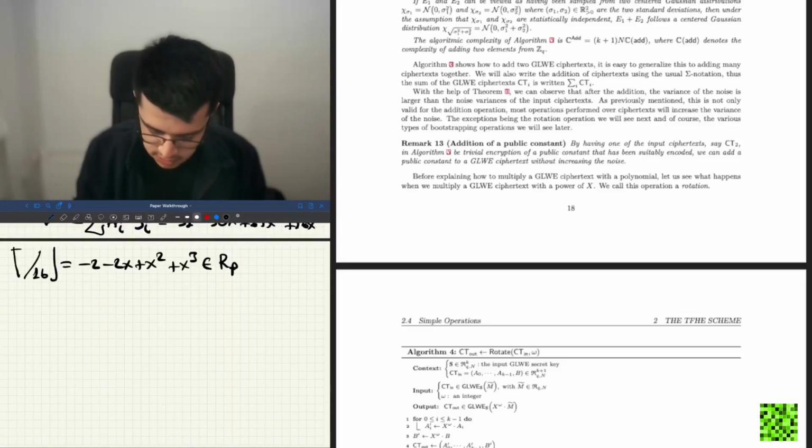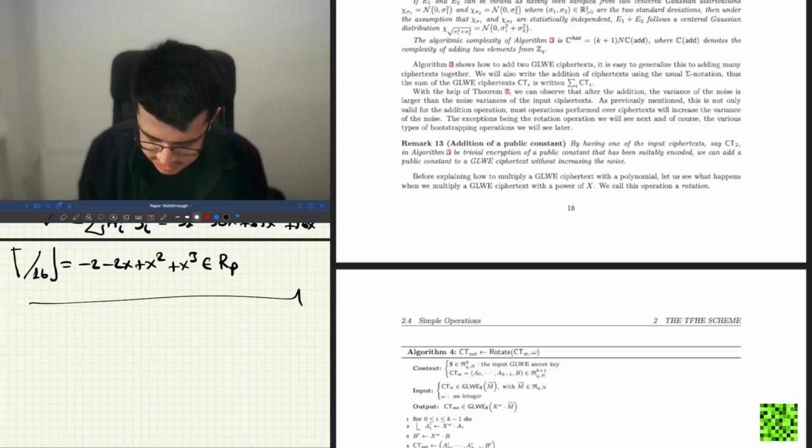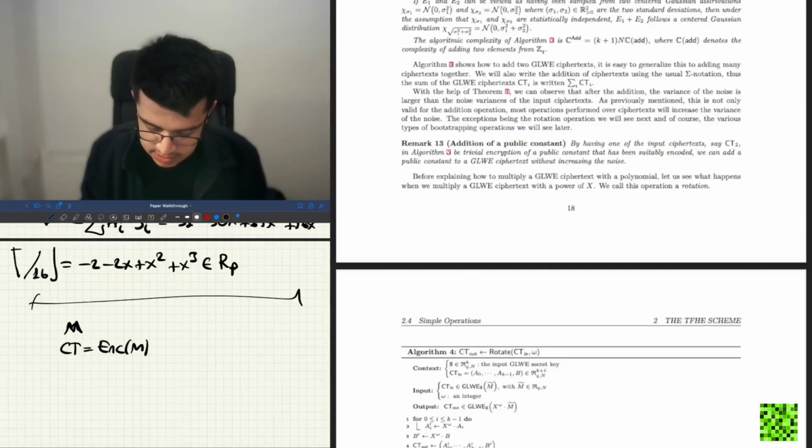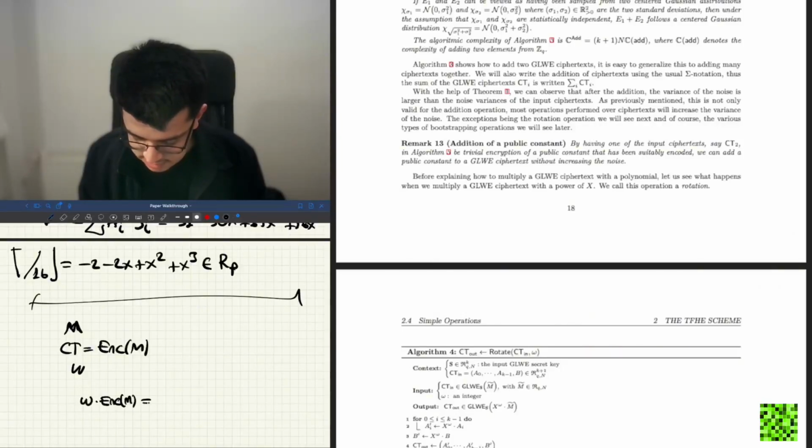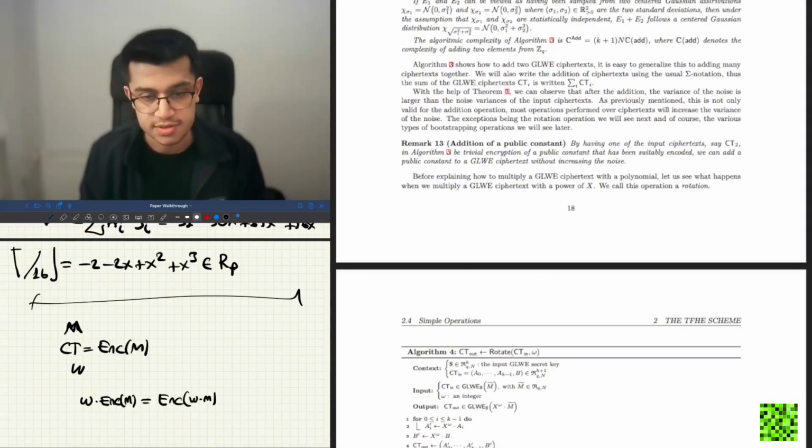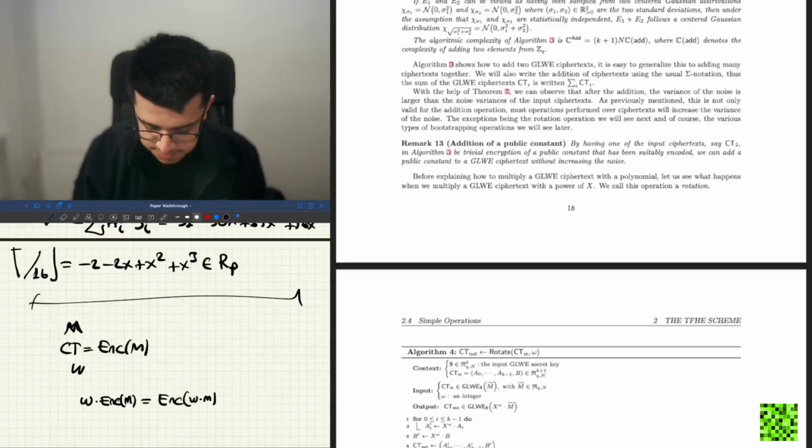So we have a message and a ciphertext, which is the encryption of m, and we have a number omega, and we're multiplying this omega by the encryption of m, but that is also equal to the encryption of the multiplication of the message and omega. This is obviously a homomorphism.